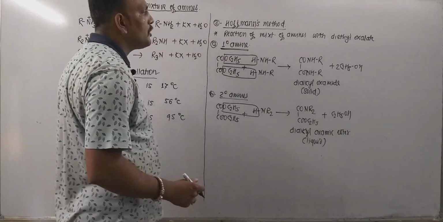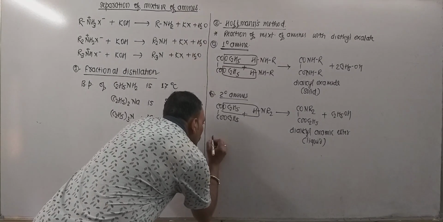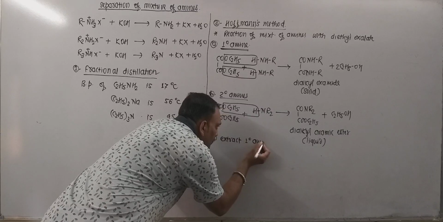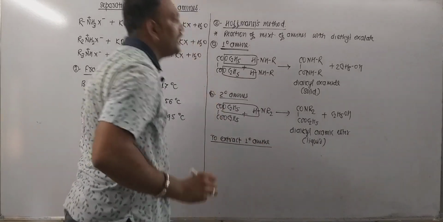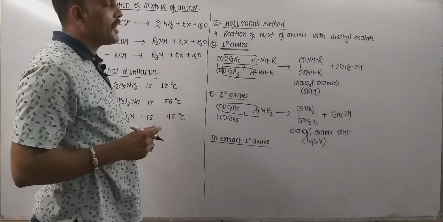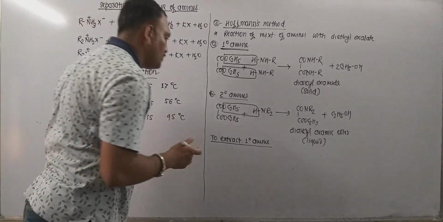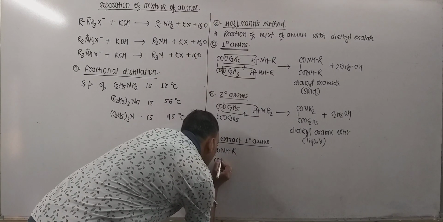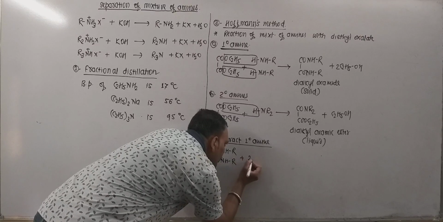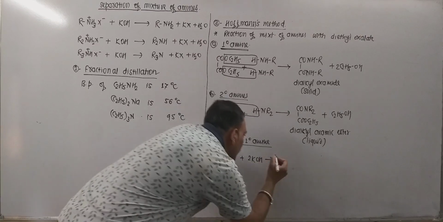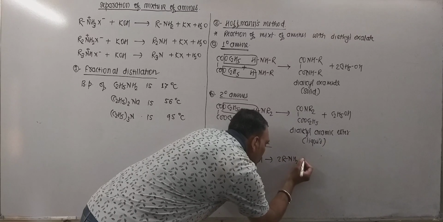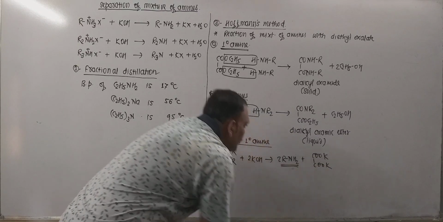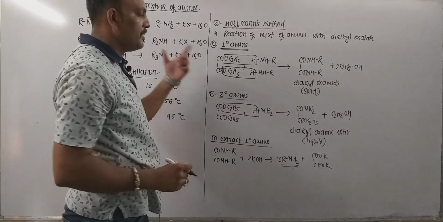In order to extract primary amine, we need to treat the solid dialkyl oxamide with KOH, potassium hydroxide. When the solid dialkyl oxamide is treated with KOH, primary amine is obtained back along with potassium oxalate. In this way, primary amine can be separated by Hofmann's method.